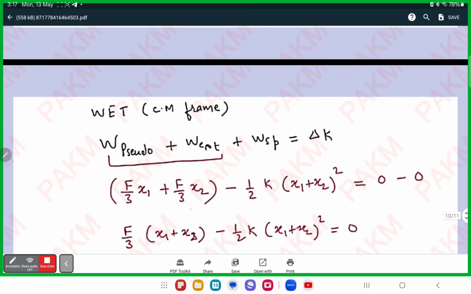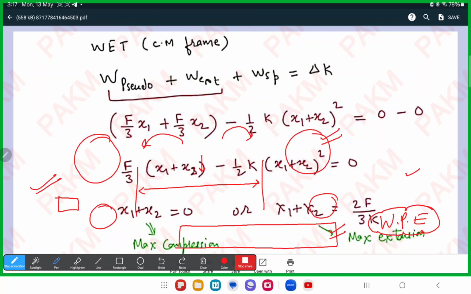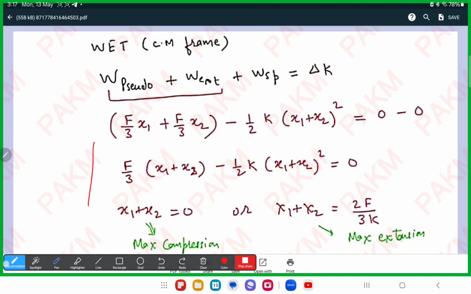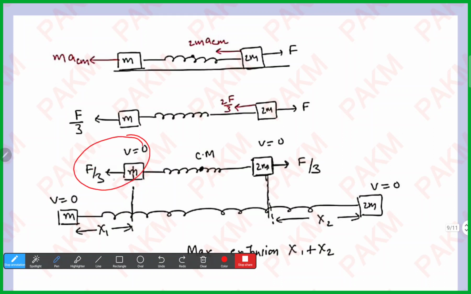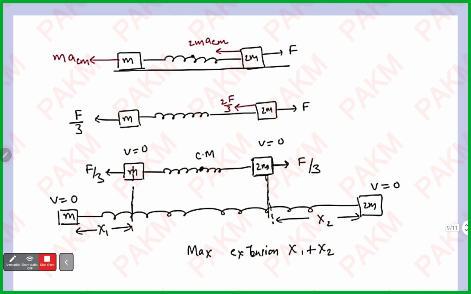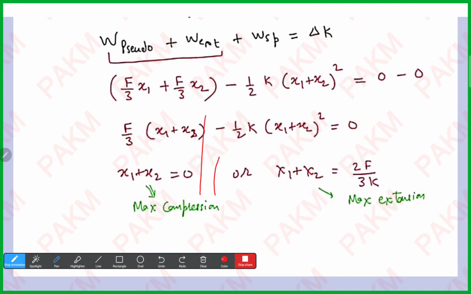For the pseudo force, the work done is force into x1, and for the external force, F into x2. The spring's initial extension was 0, so the spring work done is equal to negative of the potential energy, minus half k x square, where the final extension is x1 plus x2.